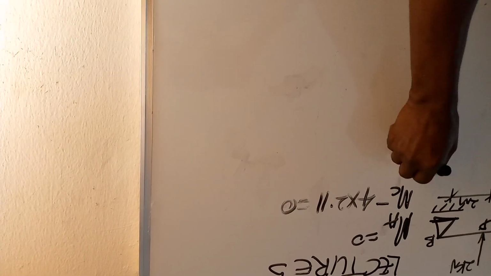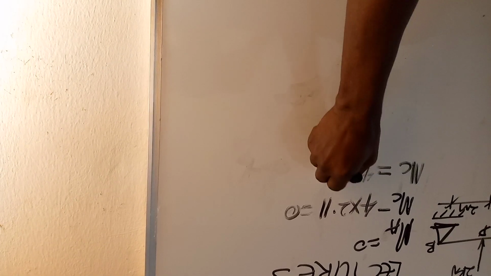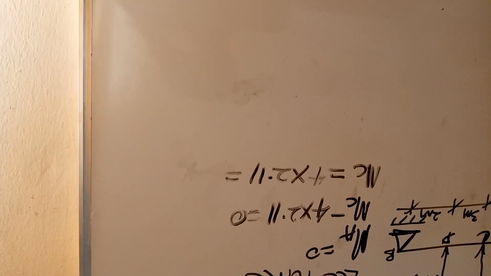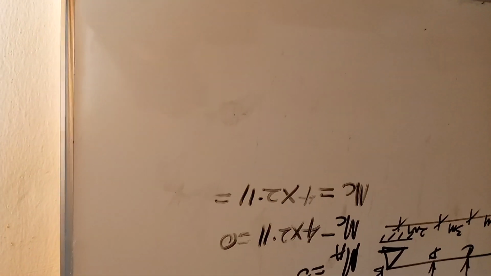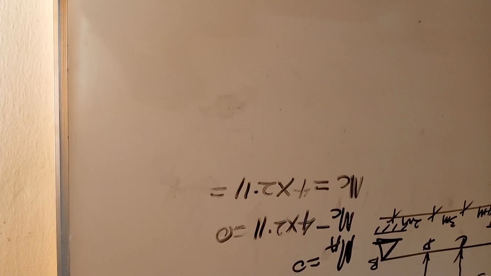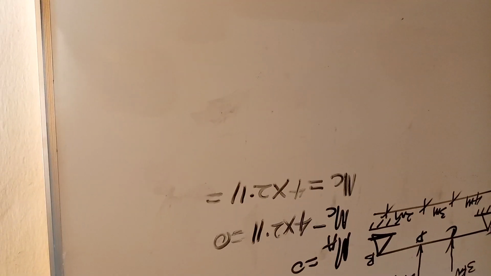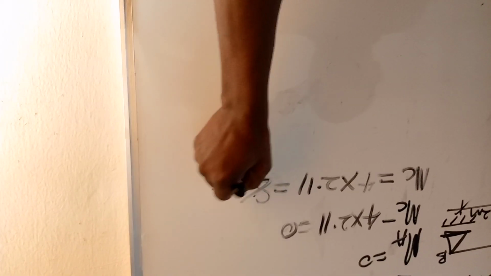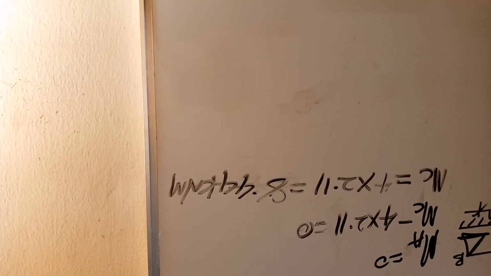Then MC is equal to 4 times 2.11, which is equal to 8.44 kilonewton meter. That is the moment at C.